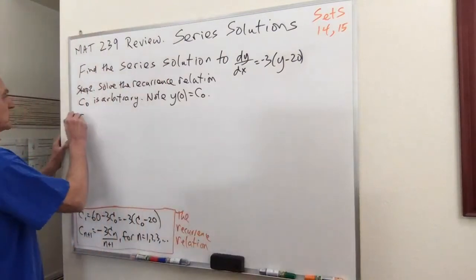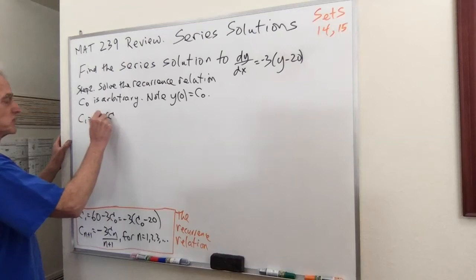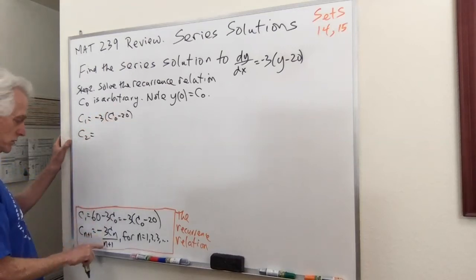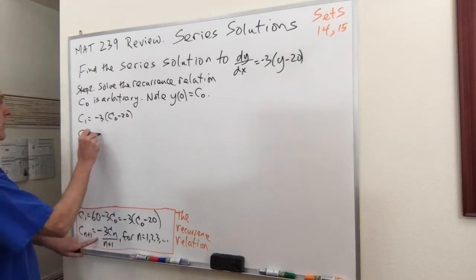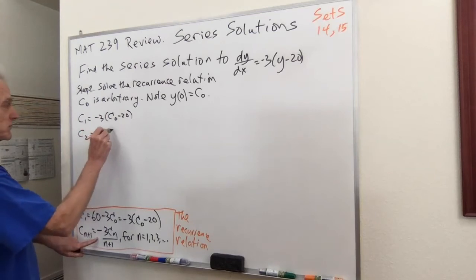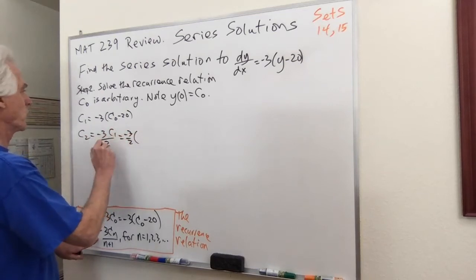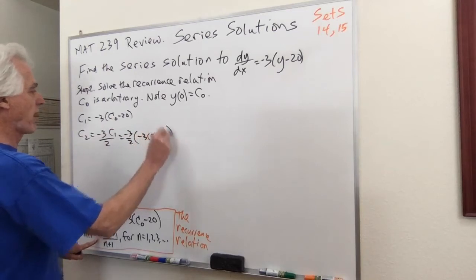Okay, and then C1 is minus 3 times C0 minus 20. What is C2? That's when n is 1 here. C2 is minus 3 times C1 over 2. So that's minus 3 over 2 times C1, which is minus 3 times C0 minus 20.